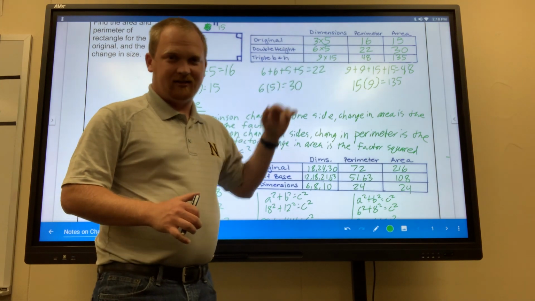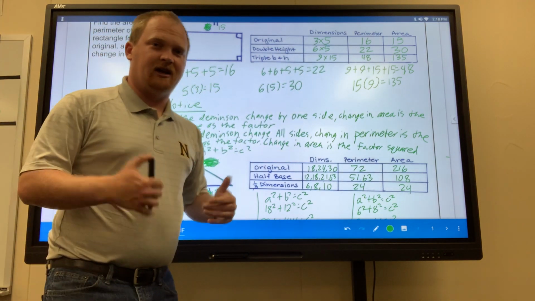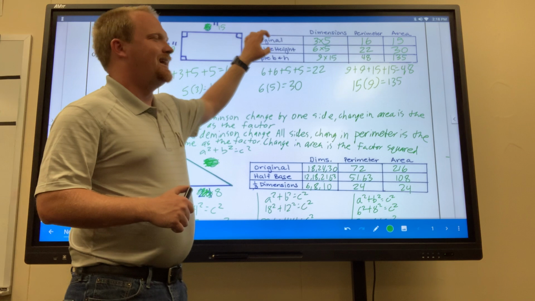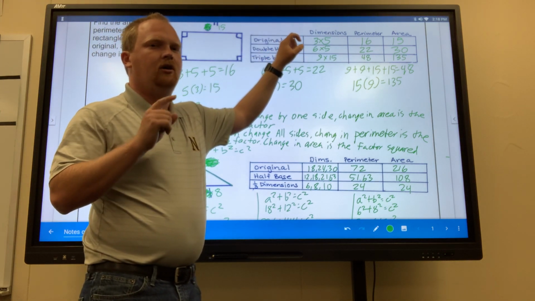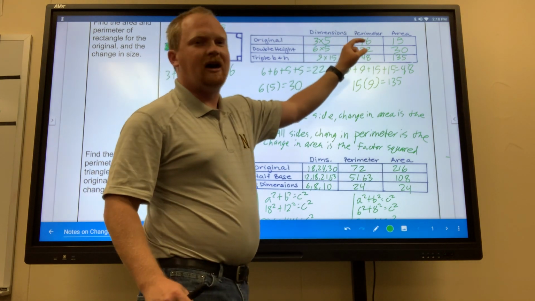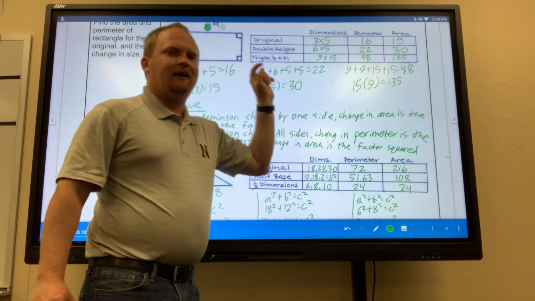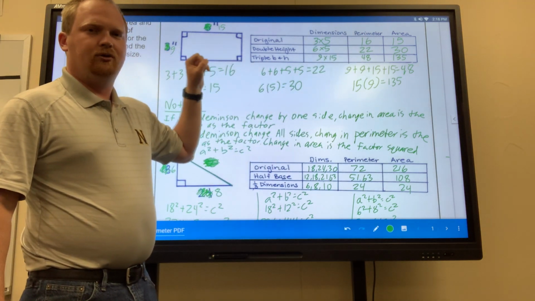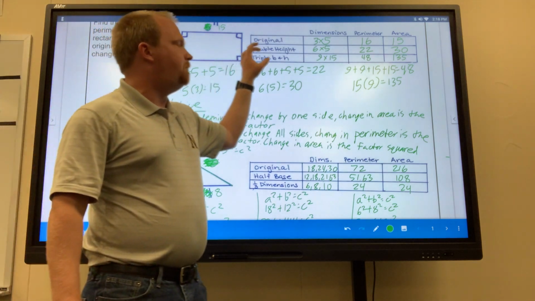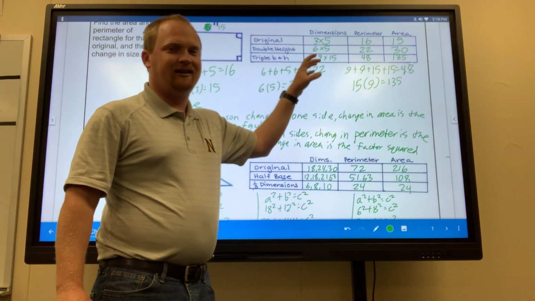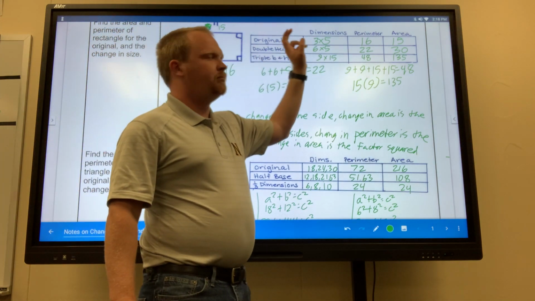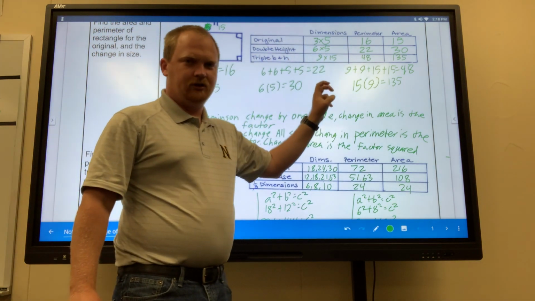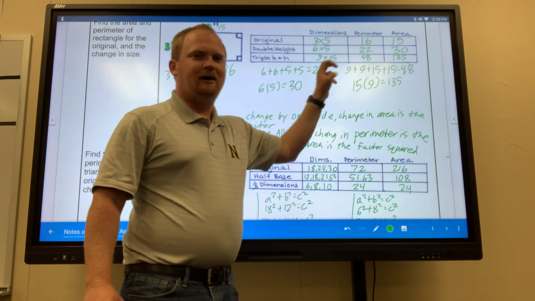Perimeter is not really consistent. If I double or triple by one side, the area is changed by that factor. But if I double, triple, quadruple, whatever, the entire dimensions or all of the lengths, then the perimeter is changed by that factor and the area is changed by the factor squared.